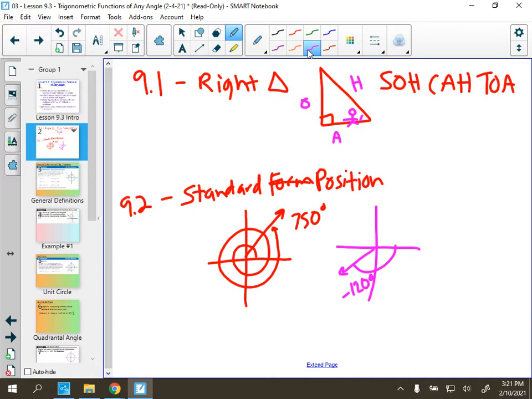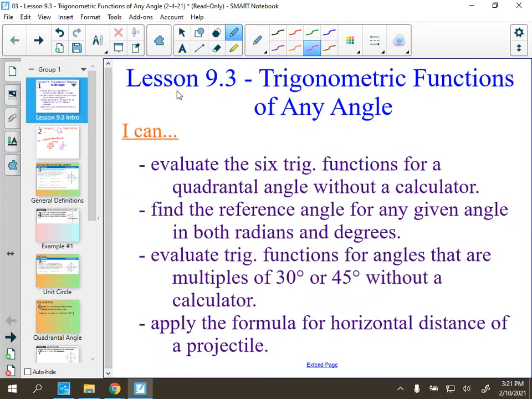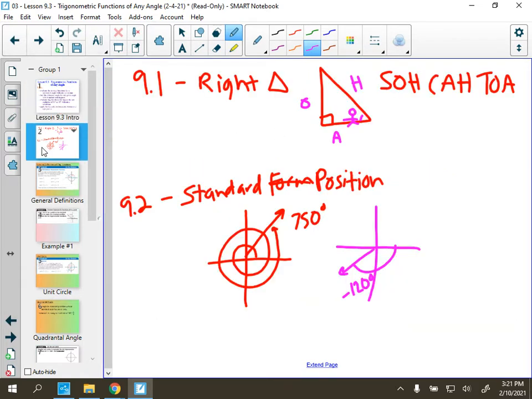But there exist a lot more than just acute angles. There are negative angle measures and very large angle measures. How can we apply these concepts of trigonometry to basically any angle? That's what's going on with the lesson, just to set up.